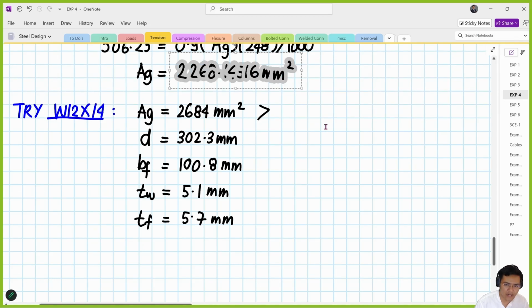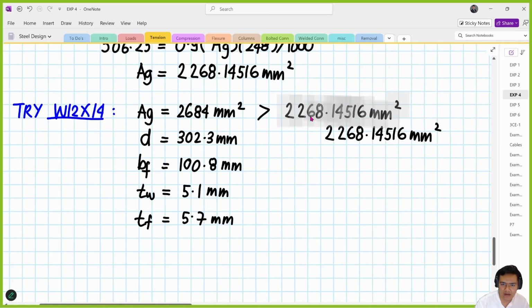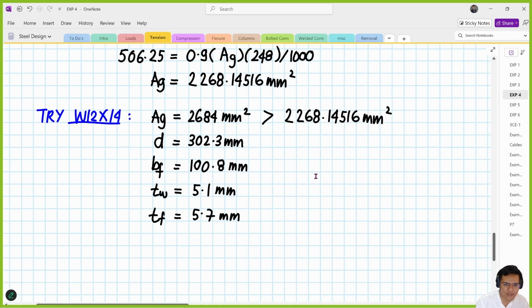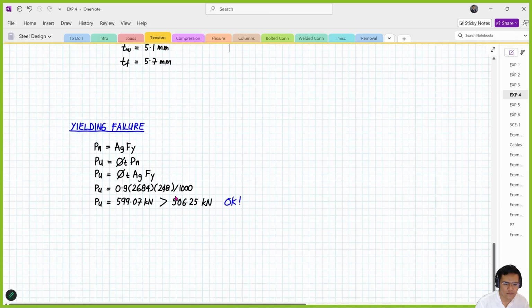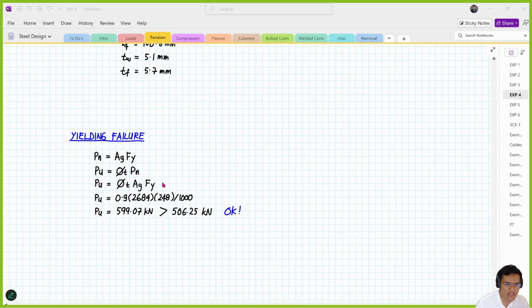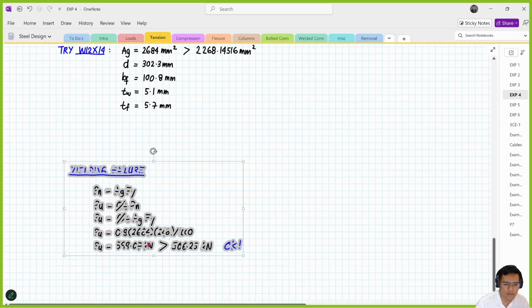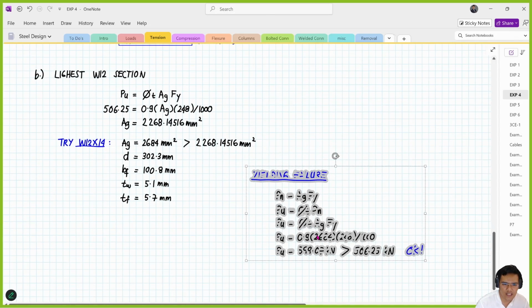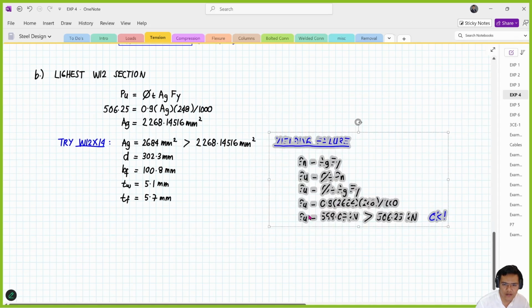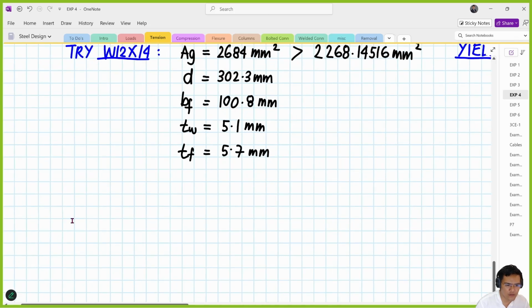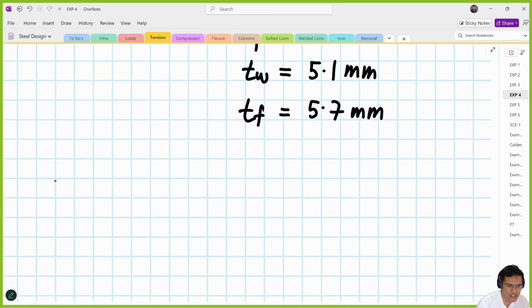So parang ganun yung logic. And then alam mo na kaagad na sa yielding, pasado ka. Okay? Sige. And then we also prove na mas mataas siya using checking yung yielding failure. Common sense na yan. So we could now check yung other mode of failure, which is yung rupture. So check natin yung rupture kung that same section is passing pa din, okay?